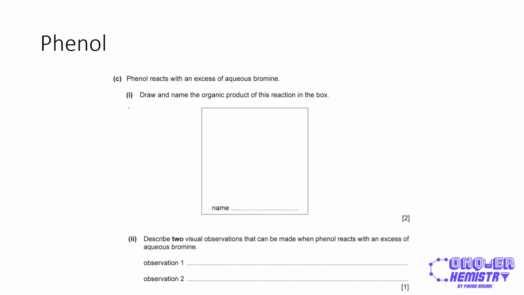So phenol also reacts with aqueous bromine, right? And in this case, it also does not need a catalyst, unlike in the case of benzene, which requires AlBr3, as we saw earlier. So with an excess, what happens is, well, if we just had a small amount or a few drops of aqueous bromine, then the bromine would substitute at either 2, 4, or 6.